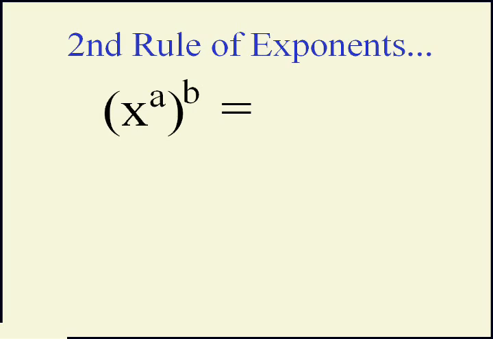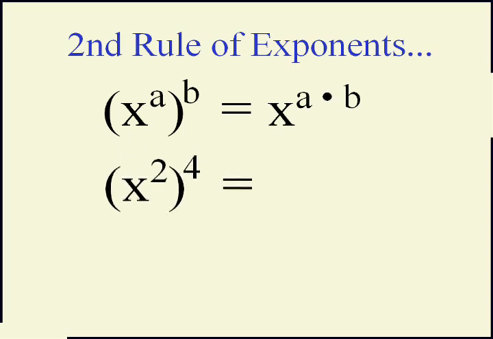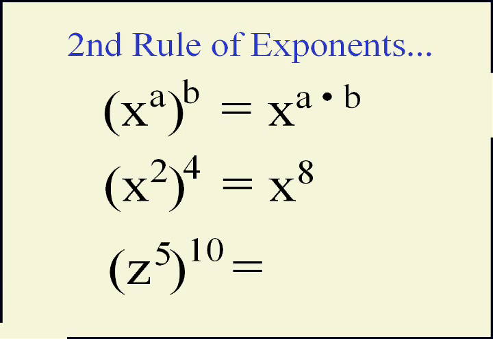X to the a to the b is going to be x to the a times b. For instance, as we said, x to the 2nd to the 4th, rather than write it all out, which you can do if you get confused, is going to be x to the 8th. That's really going to save us a lot of writing in a situation like this.